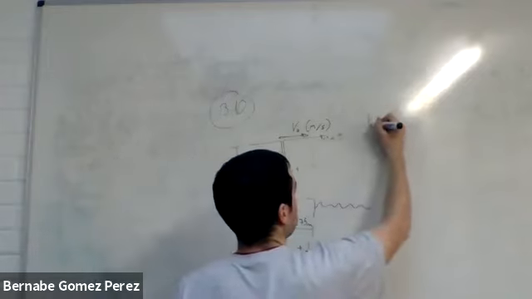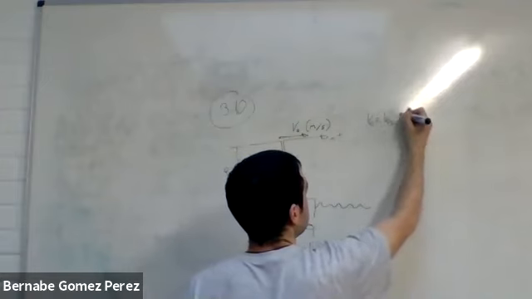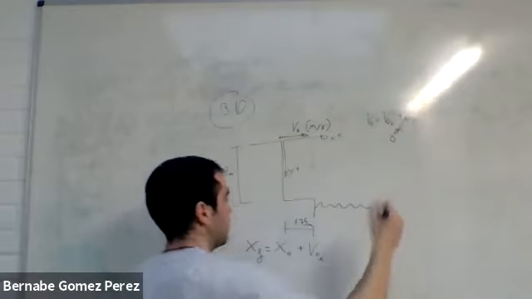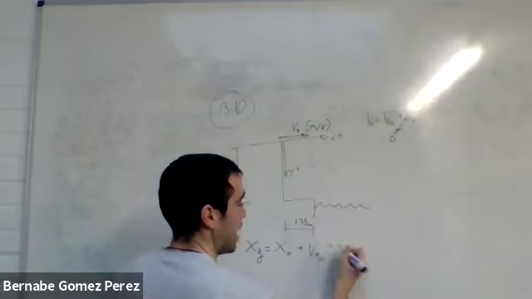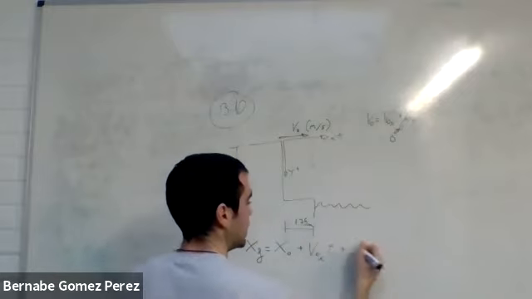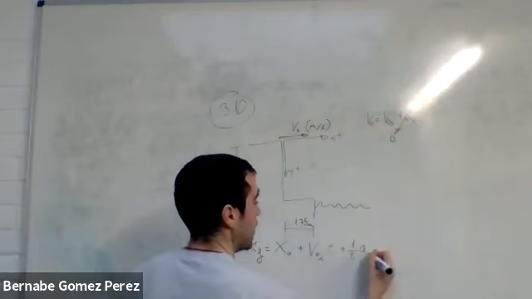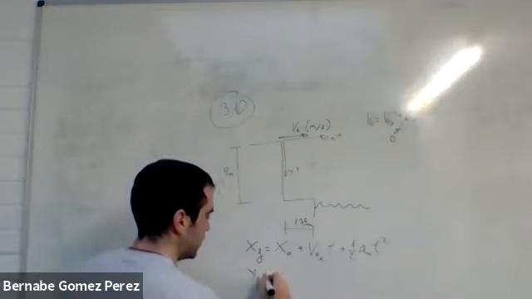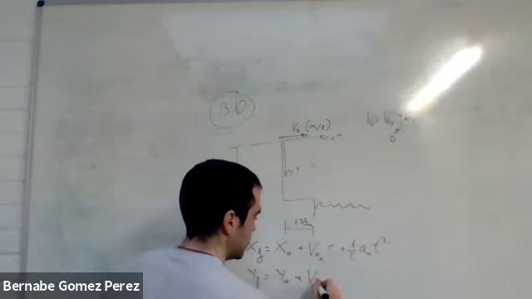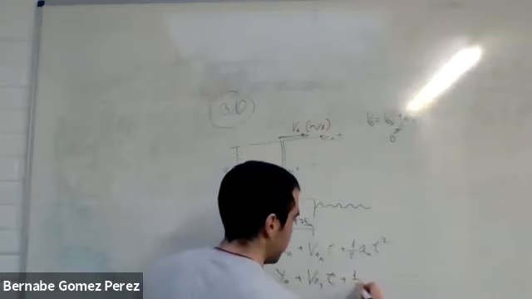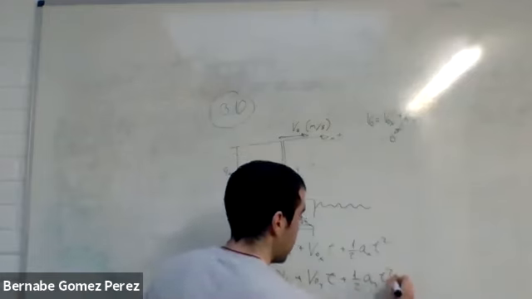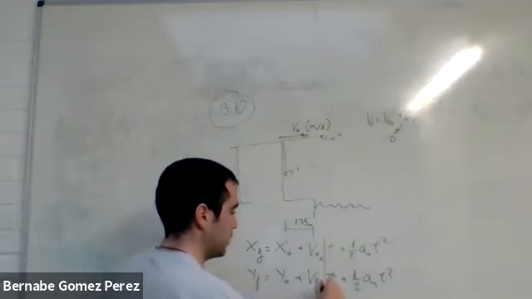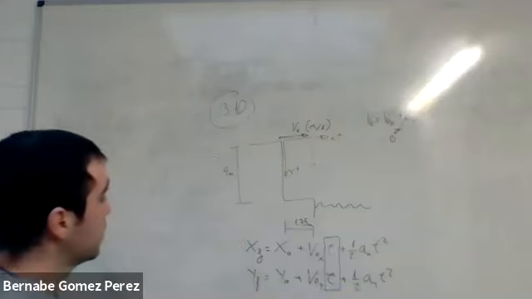V0 is equal to V0x plus V0y, but in this case we know that V0y is 0. yf is the same, right? yf equals y0 plus v0y t plus 1/2 ay t squared. We know that t is shared, they are the same.